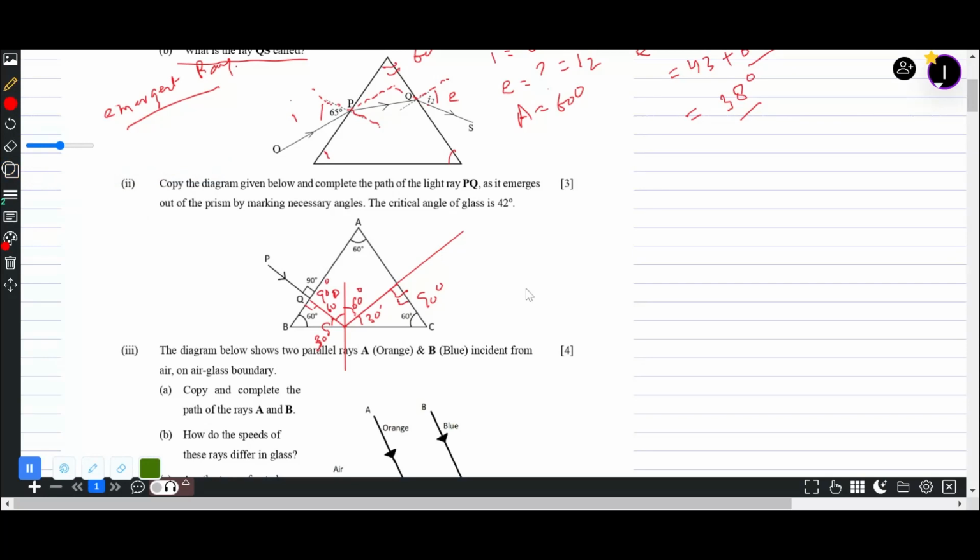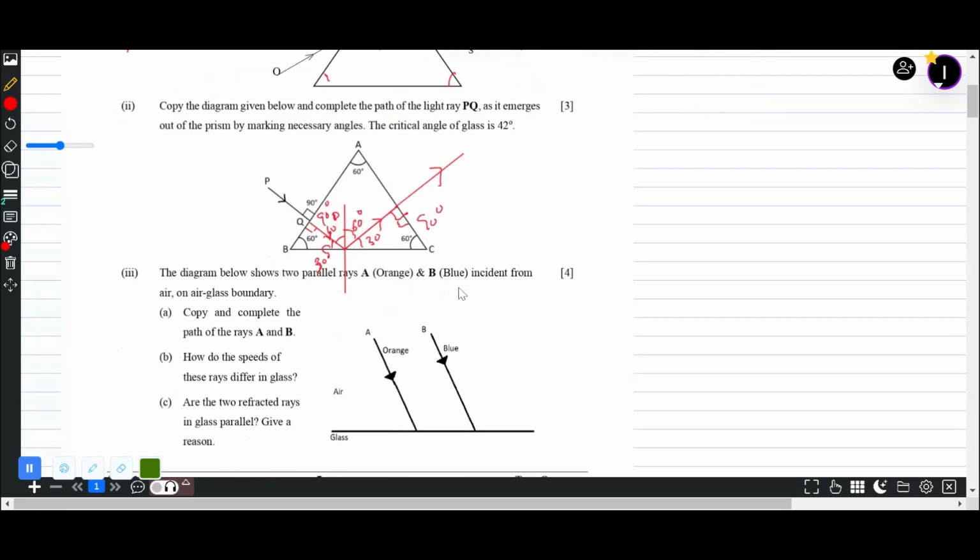That is how I'll complete the prism diagram. I'll make one arrow here, one arrow here. Is that clear? So that's how we'll complete this diagram. Because the critical angle of the glass is 42 degrees and it is hitting at 60 degrees on this surface, it will totally internally reflect.